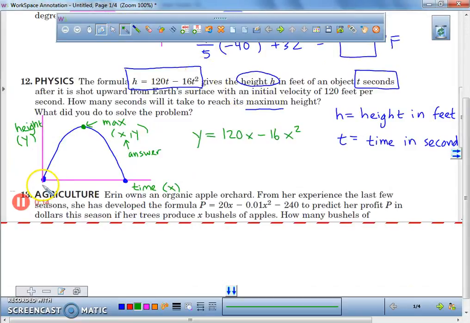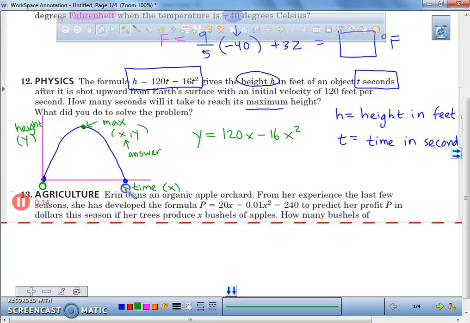I want you to label this 0. And this, we're going to label it 8. We're going to go from 0 to 8 as far as our time. And for our height, I want you to go from 0 all the way up. We're going to label this 250. We're going to go way up to 250.